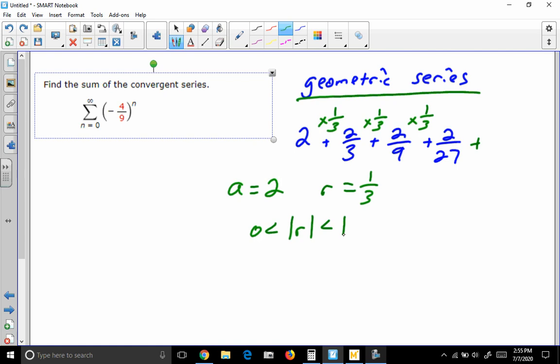If we multiply by something bigger than 1, our number is getting bigger each time. But here, since we're multiplying by a number that's smaller than 1, our number is going to be getting smaller. So as our infinite series gets more and more terms, what we're adding is getting smaller and smaller. So even though we might be accumulating, the amount we accumulate each time is a smaller and smaller amount.